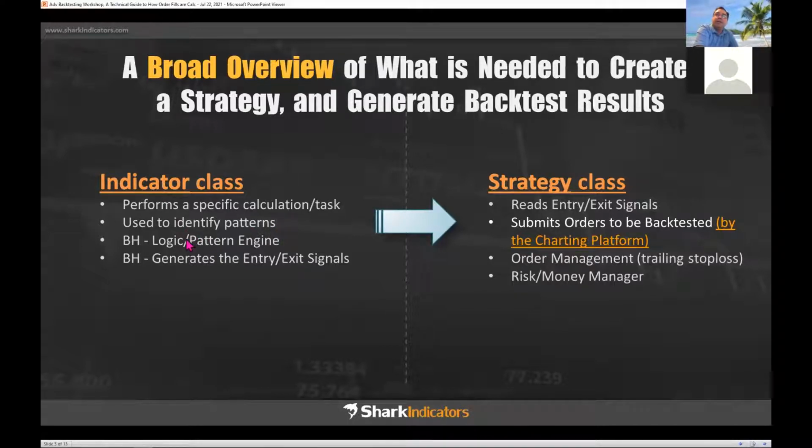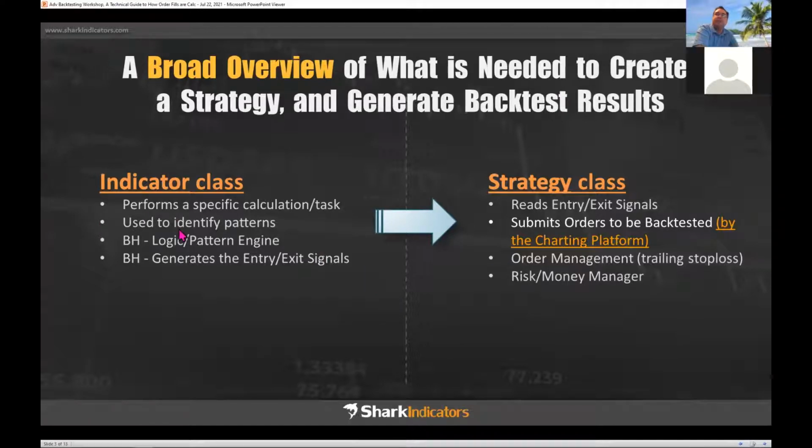Technically, indicators now do have access to orders, but the indicator class is missing a whole lot of extra built-in functionality for knowing the state of those orders and things like that, right? So the strategy class is still mandatory for doing backtest results, right?